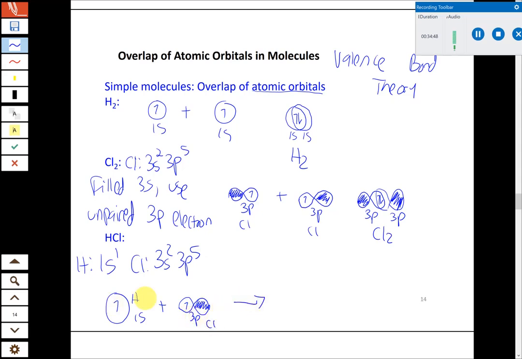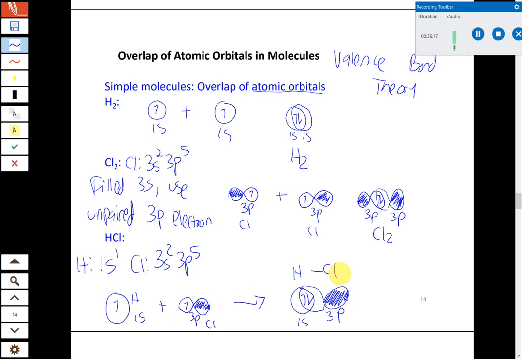And we're going to overlap these two orbitals to make the bond. So you're going to have the 1s orbital from hydrogen overlapping with a 3p orbital from chlorine. I didn't do a very good job of drawing that. And again, in the region where the two orbitals overlap, 3p from chlorine, 1s from hydrogen, you're going to have two shared electrons to make a covalent bond. So this would be your hydrogen, and that would be your chlorine, oriented in that way.